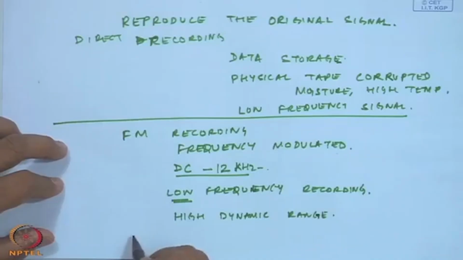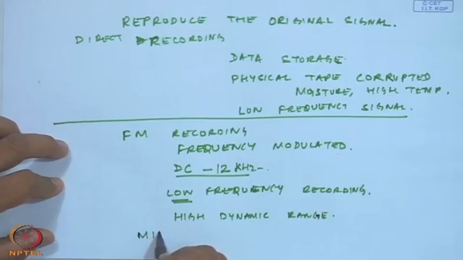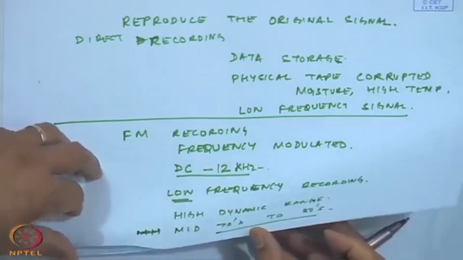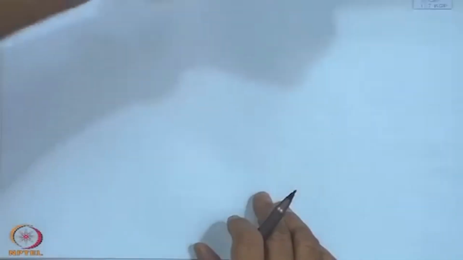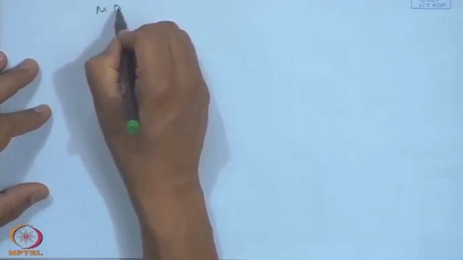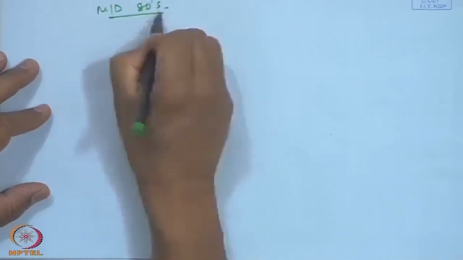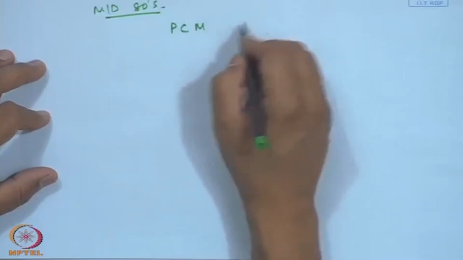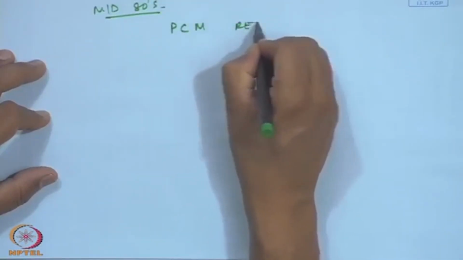People used this FM recording for recording signals, from the mid 70s to the 80s. But later on, from the mid 80s, we came up with this format of pulse code modulation recording.